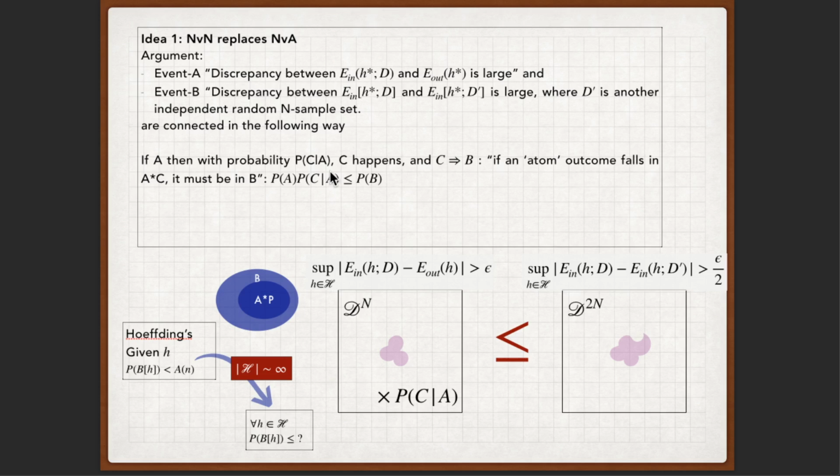We will see that if A, then we will have some probability that some event C happens, and we will have C derives B. Then if by chance some atom outcome of the random experiment falls within A and also within the portion of A where C happens, then there must be B. And the upper bound guarantee of the probability of A is now compromised by some portion.